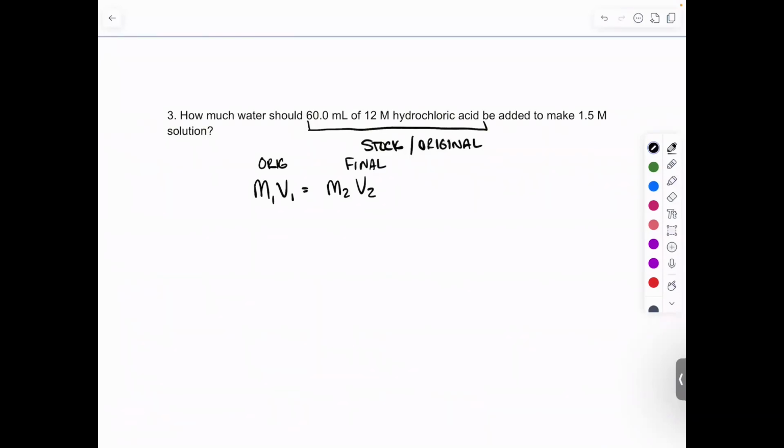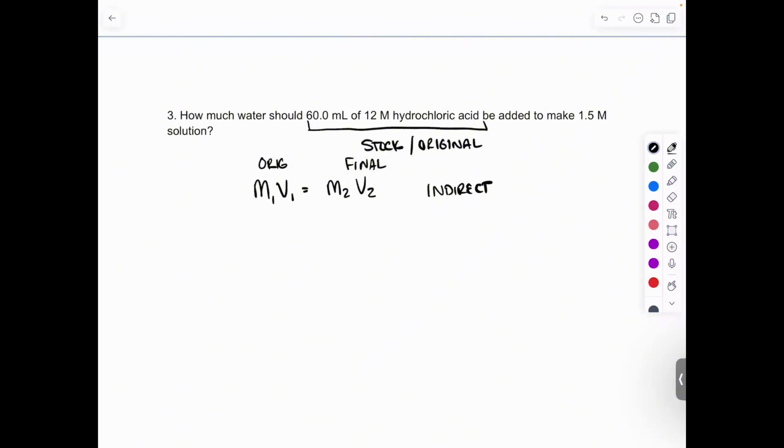When it comes to dilutions, we have our molarity times our volume, and that should equal the molarity times our volume for the final state. So we have original state and final state, and basically when one goes up, the other goes down. This is an indirect relationship.